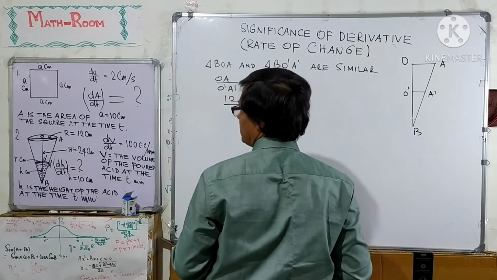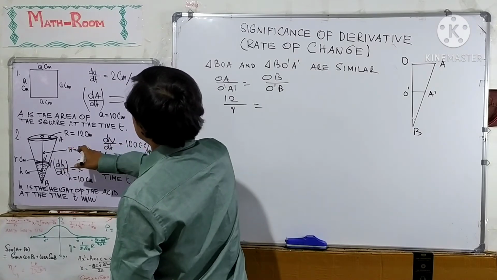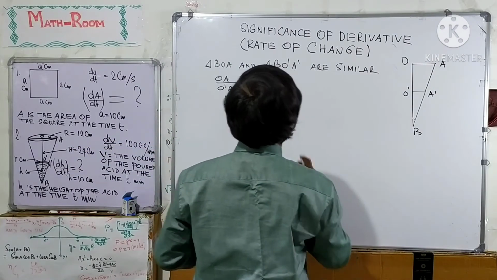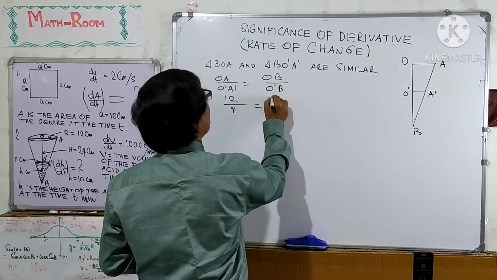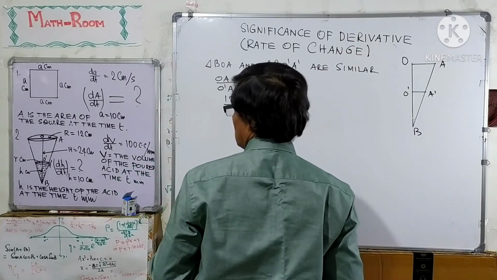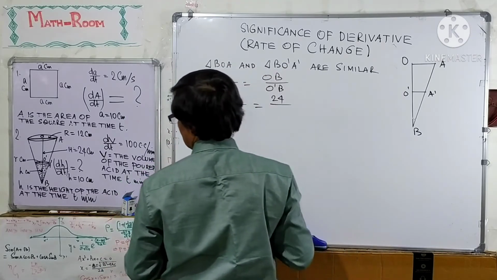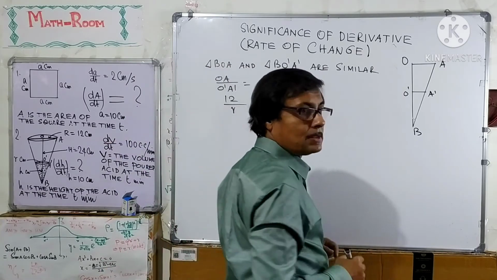OB is the height of the conical pot, which is given as capital H equal to 24 centimeter, that is OB equal to 24, and O'B' is the height of the poured acid at time t. Its height is taken as h centimeter.